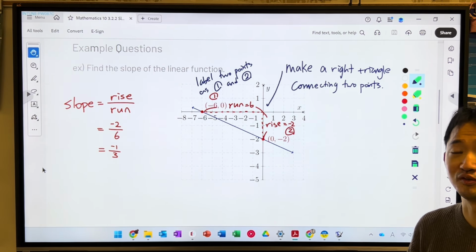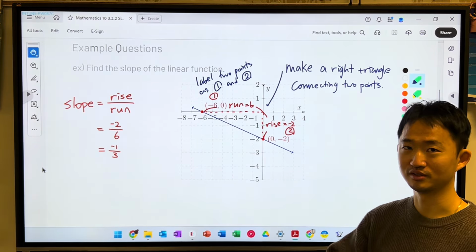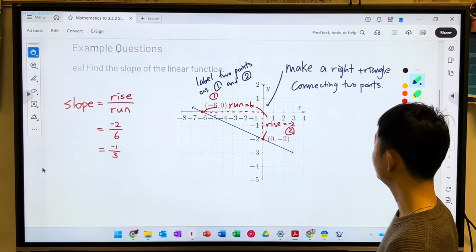It's really helpful if you clearly define, okay, that's my first point, that's my second point, so I'm going to go from first to the second.